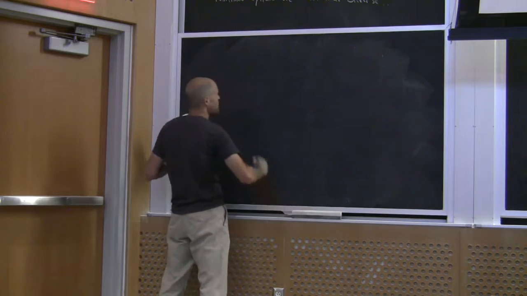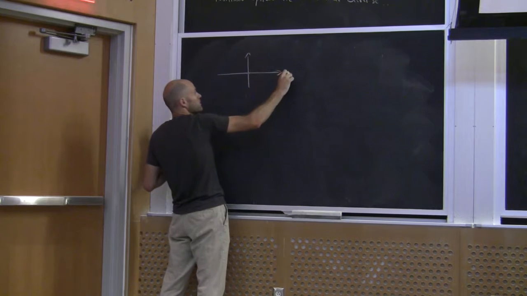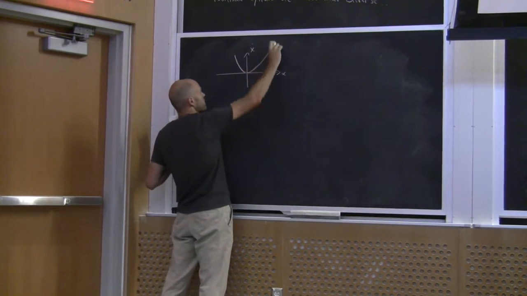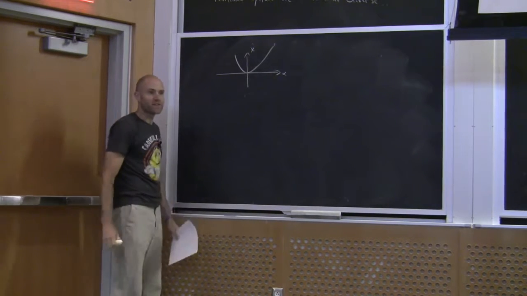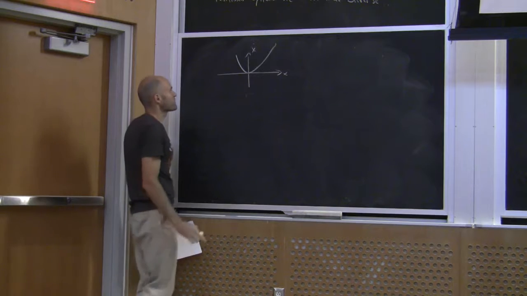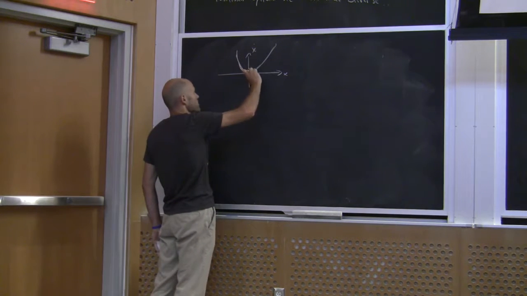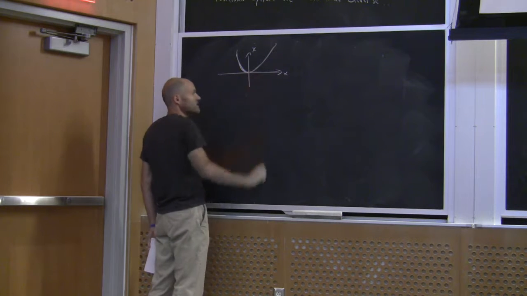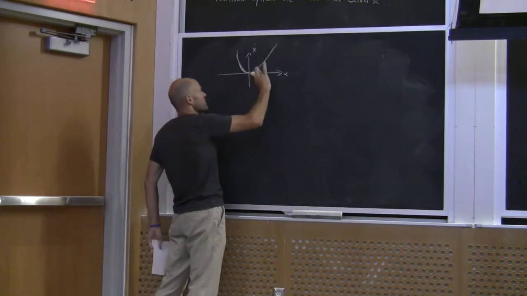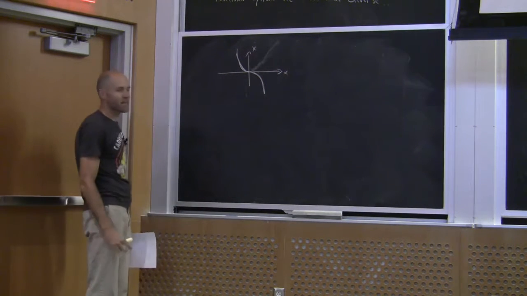For instance, what happens if I drew a diagram that went like this and just kissed the origin? Is that stable or unstable, right? And what if it kisses the origin with a slope of 0 right there? Or even if it goes like this, is that stable or unstable? Well, you kind of want to say that that's stable.